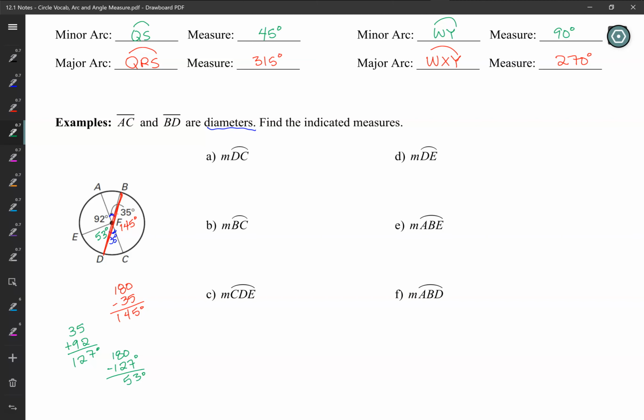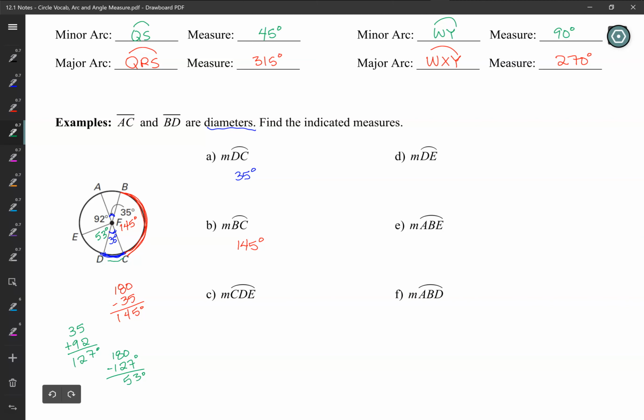Now I'm going to go ahead and look at the arc measures. So arc DC. Well, from there to there, I look at the central angle. 35 degrees. Arc BC. Well, that's that one. Its central angle is 145 degrees. All right, arc CDE.